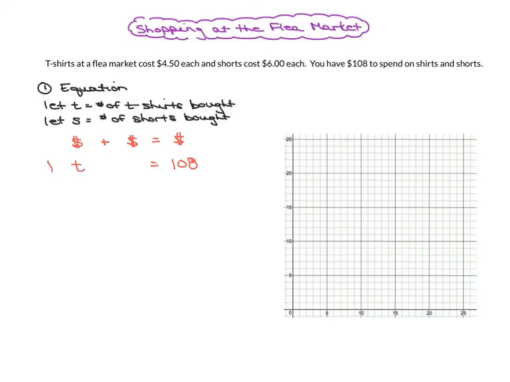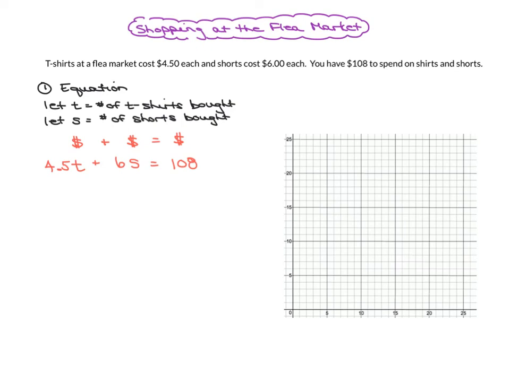I can do that by multiplying by 4.5 because it's $4.50 for each t-shirt I buy. And I'm going to combine that with the money I spent on shorts. If I buy S shorts and each pair of shorts is $6, then it's going to be 6S. So there's an equation that models this constraint about how many t-shirts we can buy and how many shorts we can buy, and it has to equal $108.